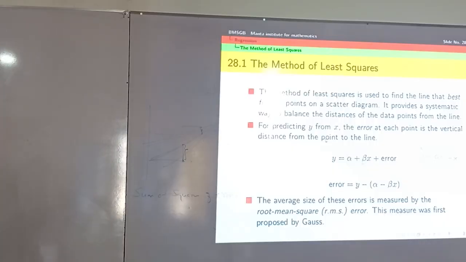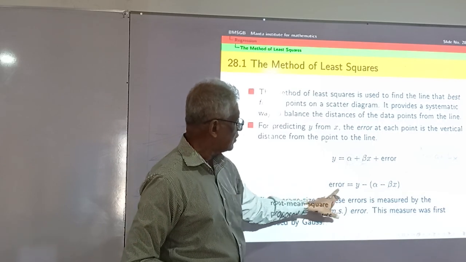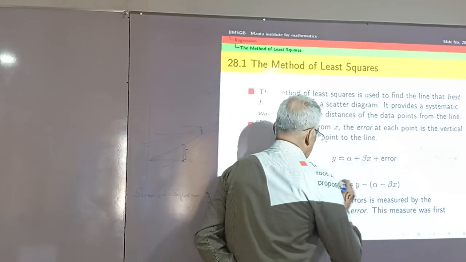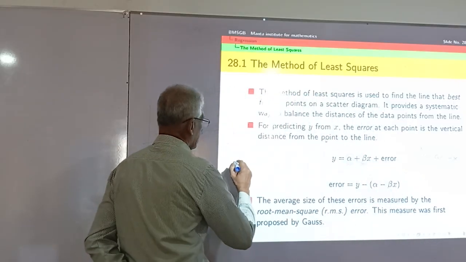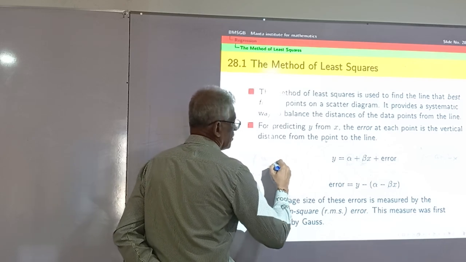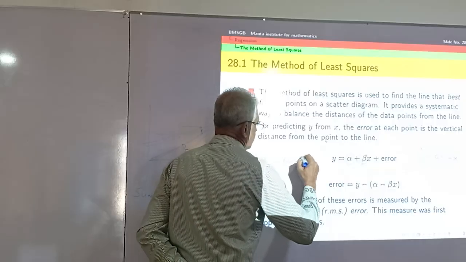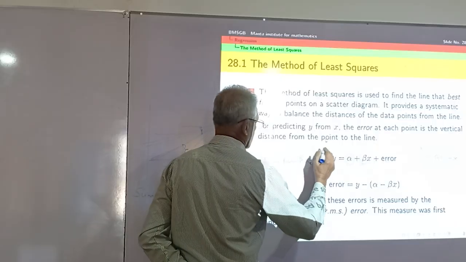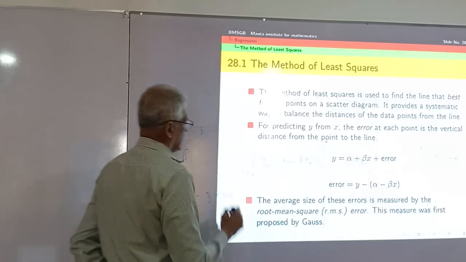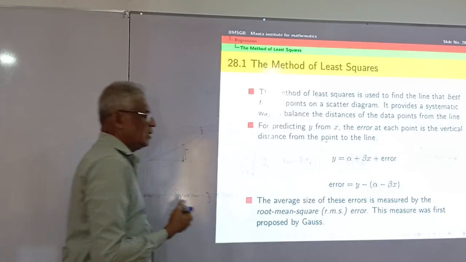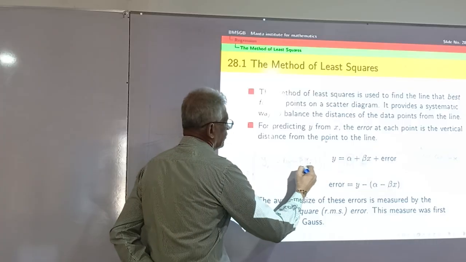What we do is mathematically we find it out. Considering the error like this, we can write error is equal to y minus alpha minus beta x. So what we will be looking at is the sum of squares of errors. So we look at, for example, this quantity: sum over i from 1 to n of (yi minus alpha minus beta xi) squared.